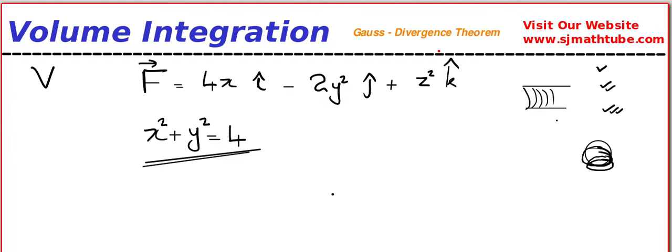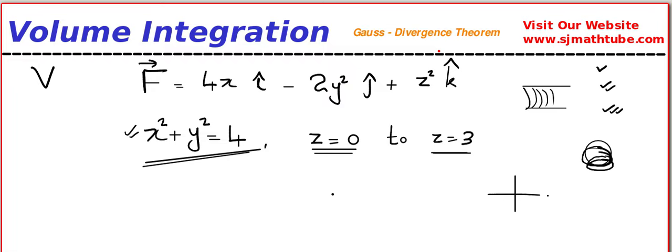And if it is an infinite right circular cylinder, the equation of a cylinder and the circle will look alike. But wait a minute, they have given more things. They have given that z varies from 0 to 3. So they have defined the height of the cylinder.